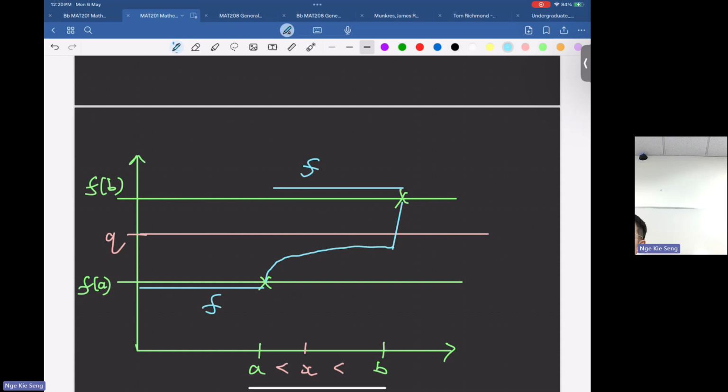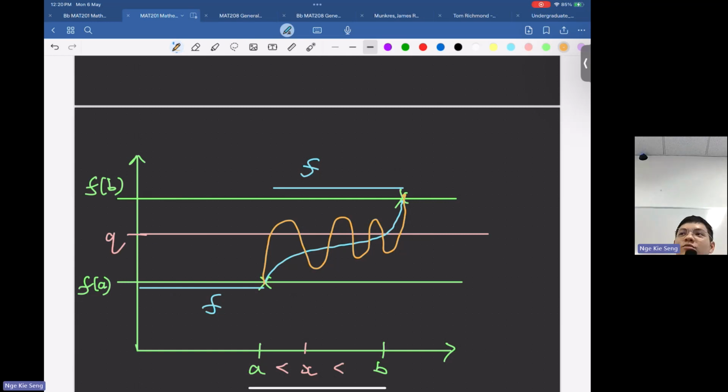You must pass through this point. For a general function, you may pass through multiple times, but the question is just asking that there exists one x such that f(x) equals q. Does it make sense?